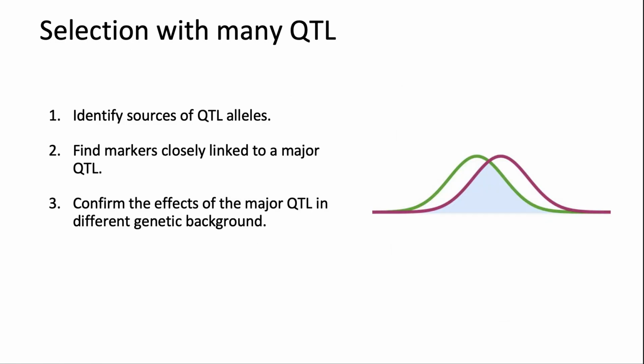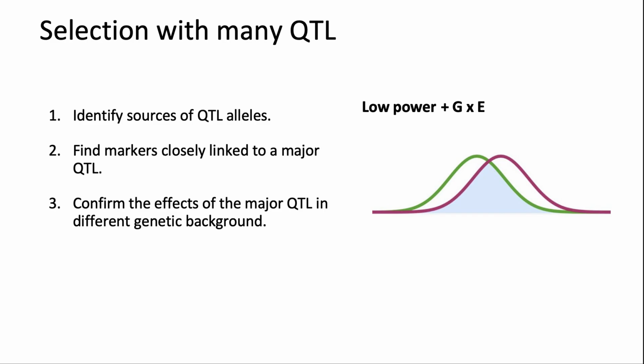And then if we can identify some QTLs, we have to confirm the effect of that QTL in different genetic backgrounds. We're going to have a low power because, first, the effect of the QTL in quantitative traits is not going to be so big. Then we're going to have interaction with the environment.